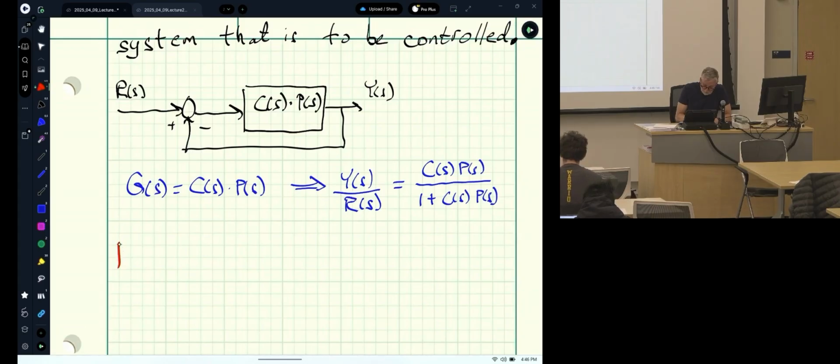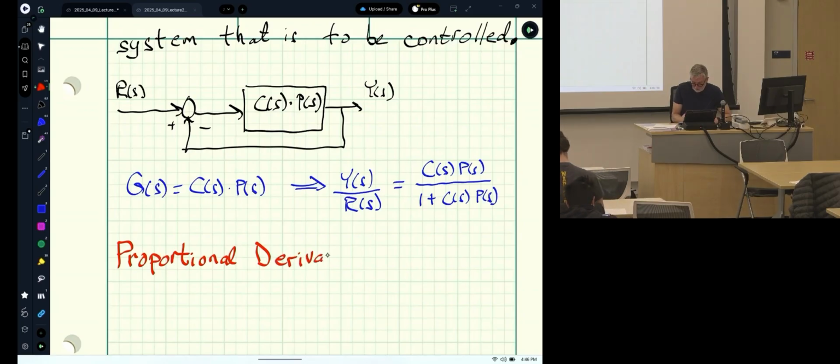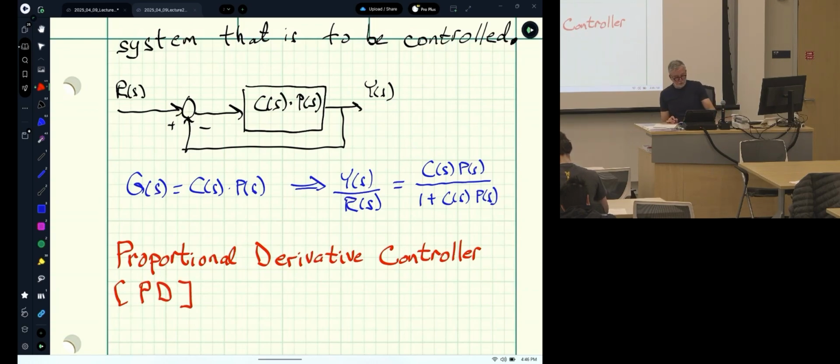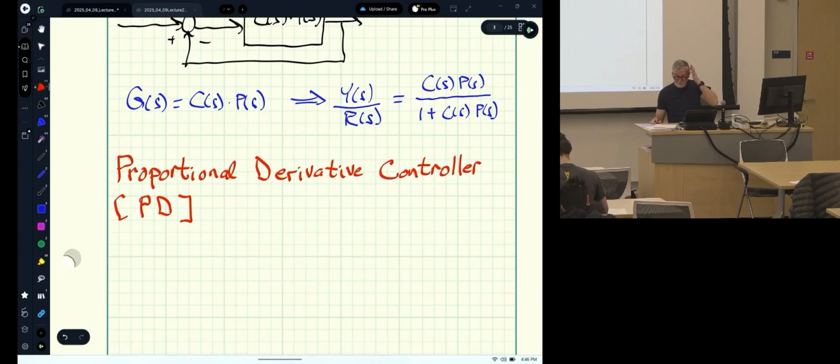Okay, so let's get our first controller. It's going to be a proportional derivative, which is always abbreviated as PD.